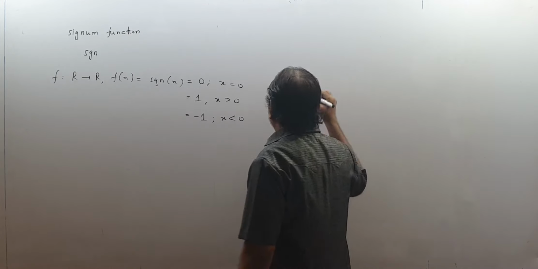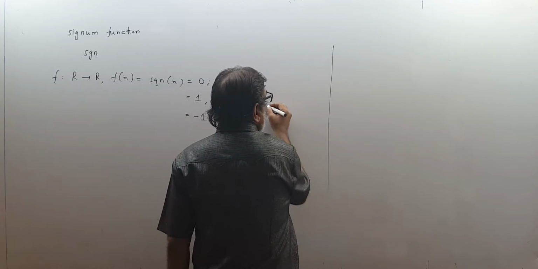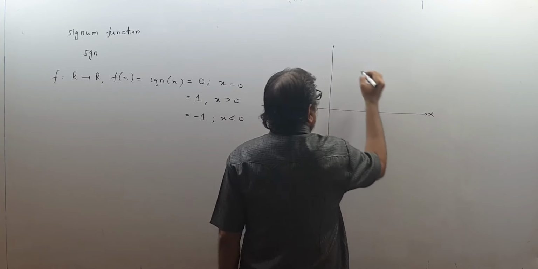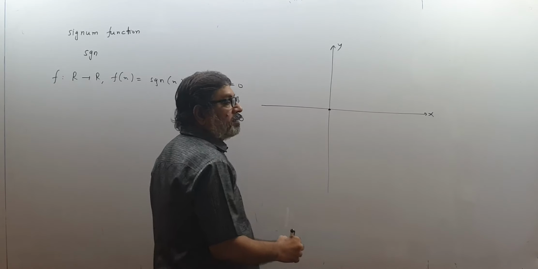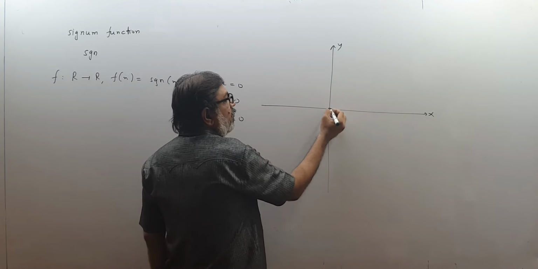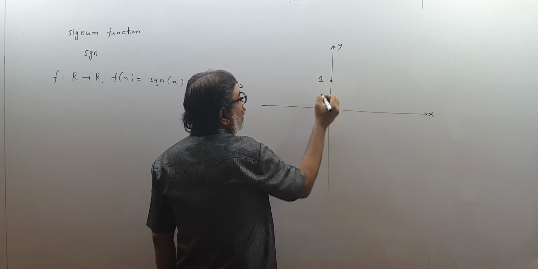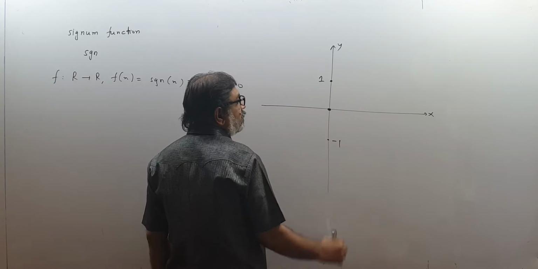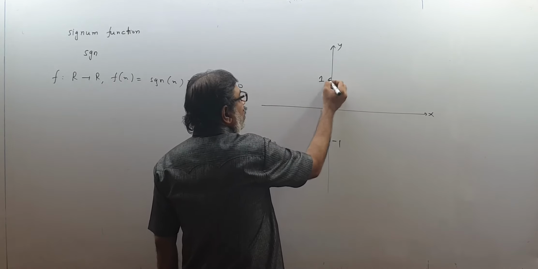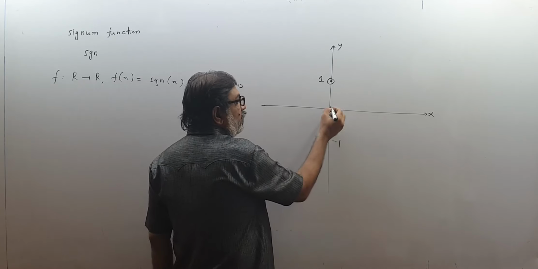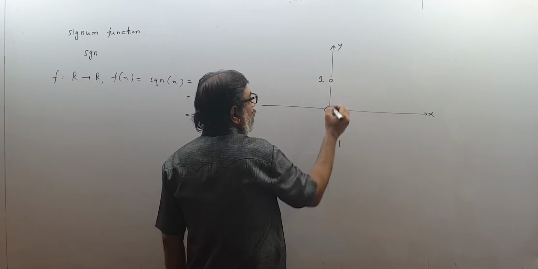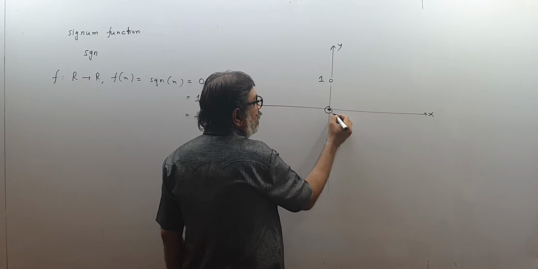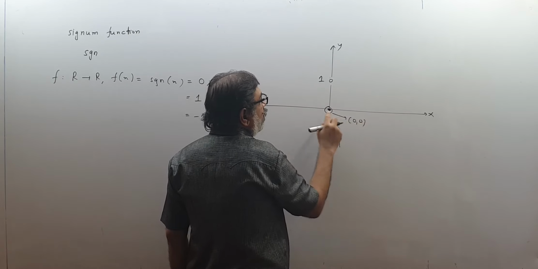How will the graph of this signum function come, children? This is x and this is y. For 0 it will be 0. This point is one and this is minus one. The 0 point will not come on this curve because 0 is already included.